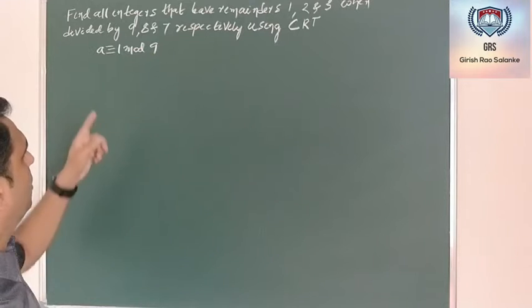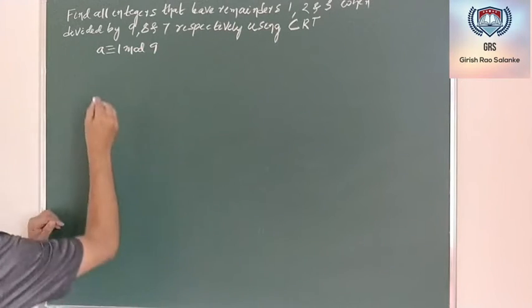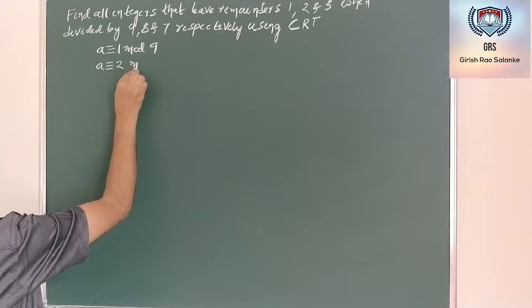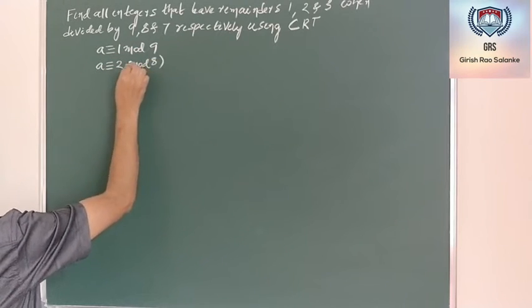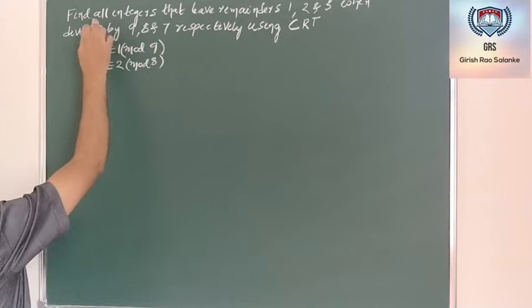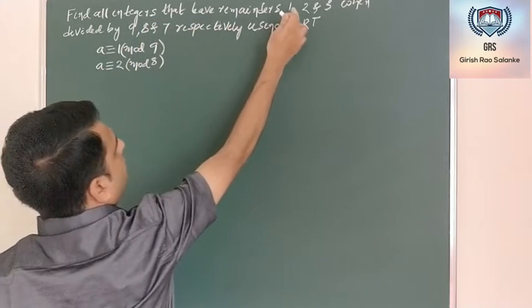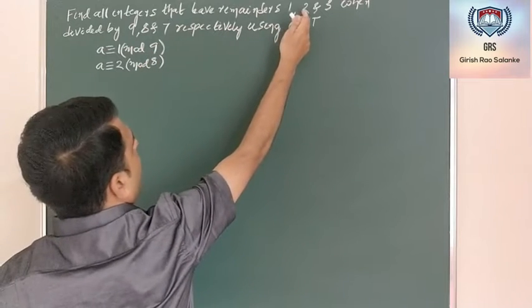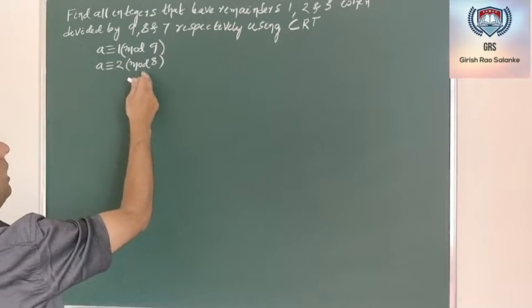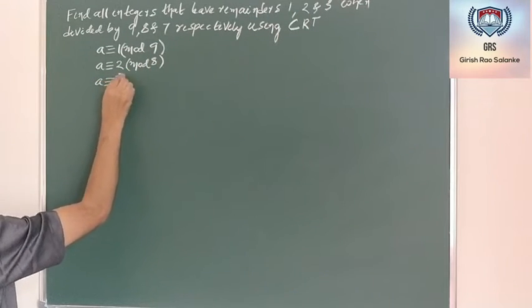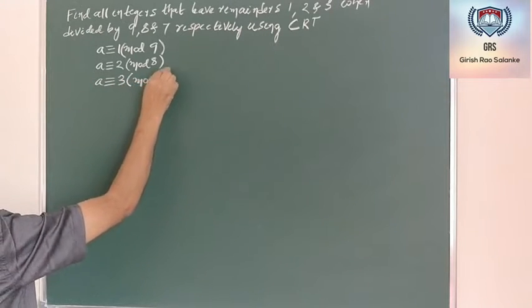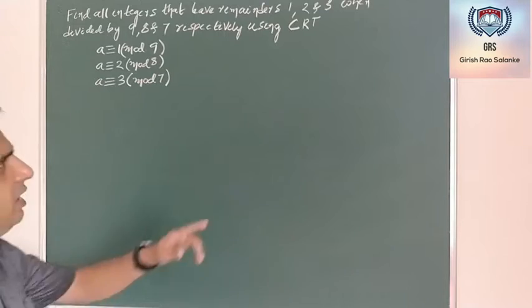Second, A is congruent to 2 mod 8. That is what they have mentioned: it leaves a remainder 1 when divided by 9, a remainder 2 when divided by 8, and a remainder 3 when divided by 7.